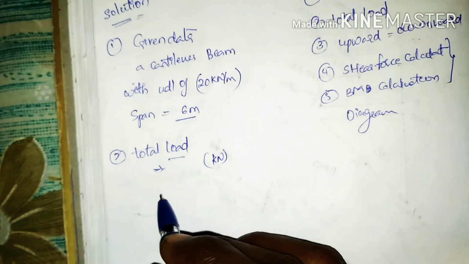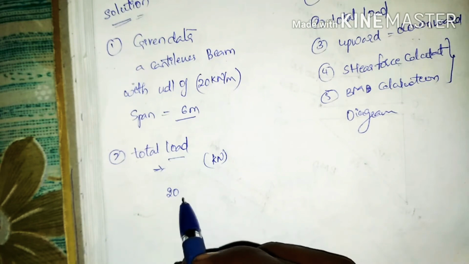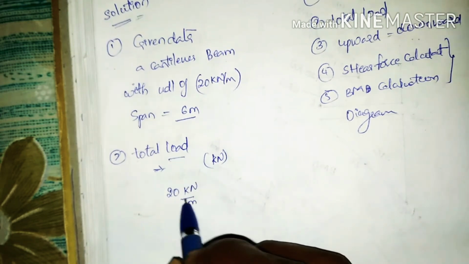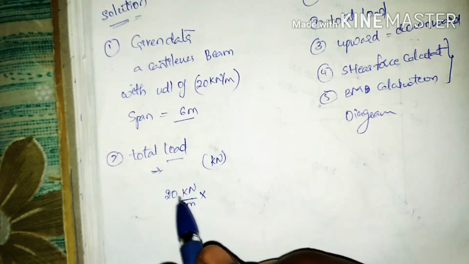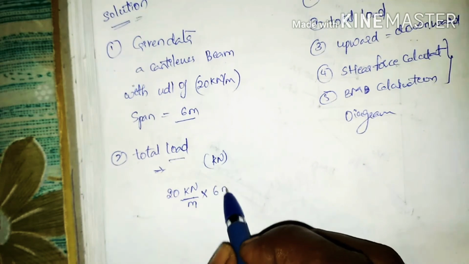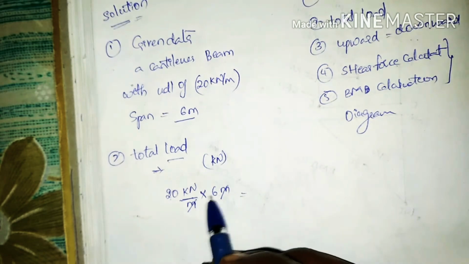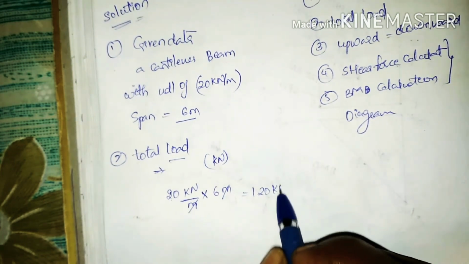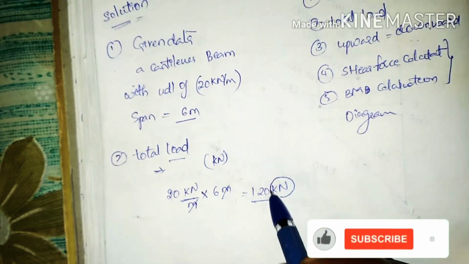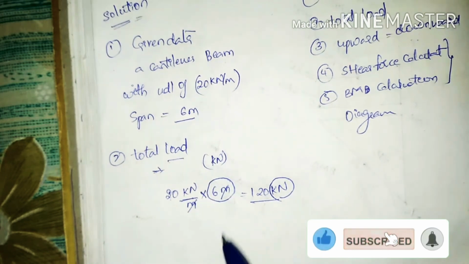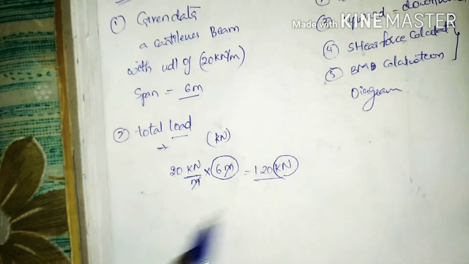So the total load is 20 multiplied by 6 meters. The meters cancel, and 20 into 6 gives 120 kilonewtons. The total load should be only in kilonewtons, so we multiply by the distance covered by the UDL. This is the total load.